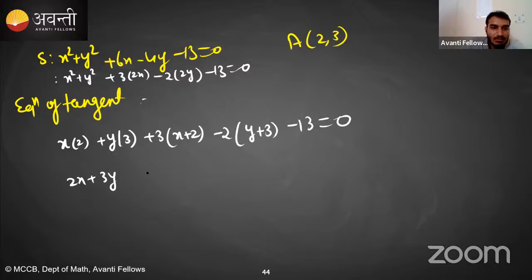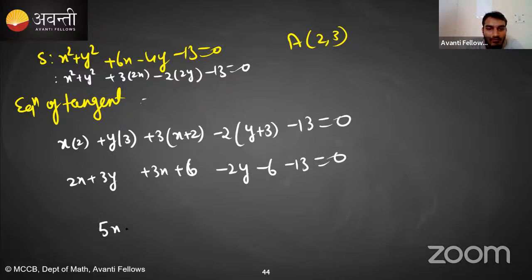2x plus 3y plus 3x plus 5 plus 6 minus 2y minus 6 minus 13 is equal to 0. So how much are we getting? 5x plus y minus 13 is equal to 0. Is that clear, everyone? Students, is this clear?